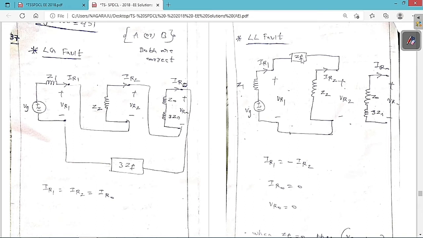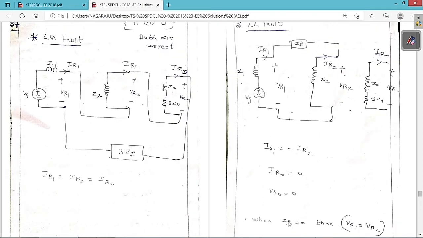If ZF is equal to 0, then VR1 is equal to VR2. If ZF is not equal to 0, then VR1 is not equal to VR2. So these are the conditions that we are going to get in terms of double fault.